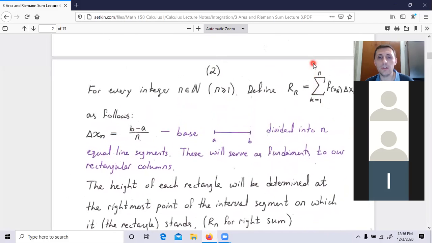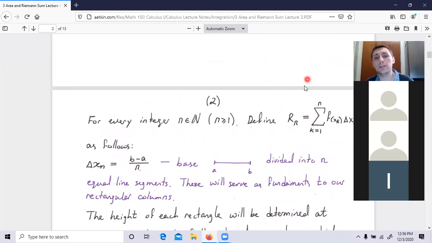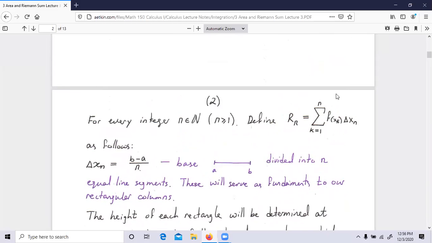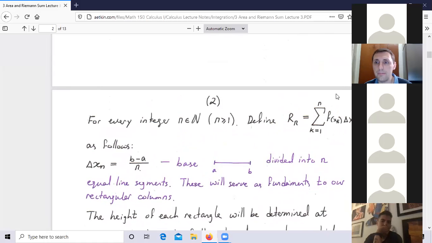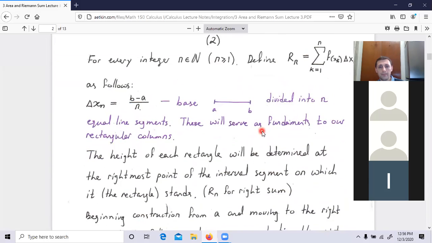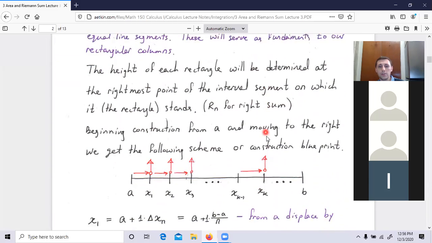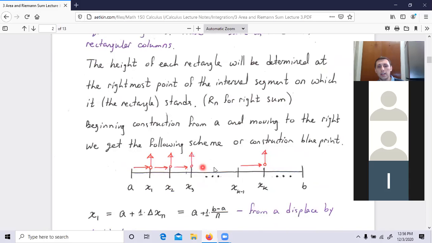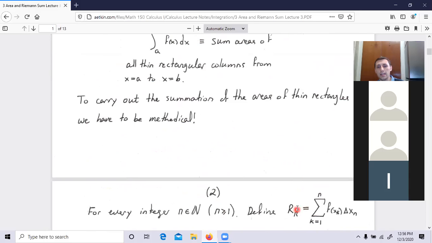Okay, so first of all, we might want to use the right-hand rule. And then basically, how do we decide where to erect this rectangle? We can partition the interval a to b. We can imagine building a bunch of rectangles. Each of their widths we may set to be the same. We may set them to be equal. Okay, so here I divided the interval and made them equal, and I said R sub n.